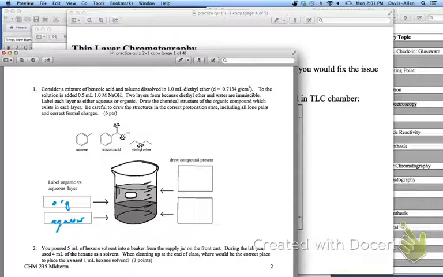Could try reading the question. The very first sentence tells you that the density of diethyl ether is less than that of water. Okay? I do kind of expect you to know the density for water, but if you asked on the exam, I would tell you. So water is 1 gram per milliliter, just in case.